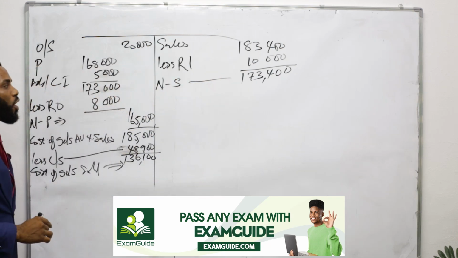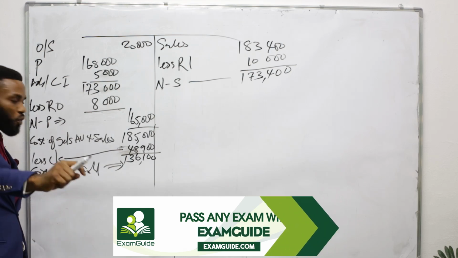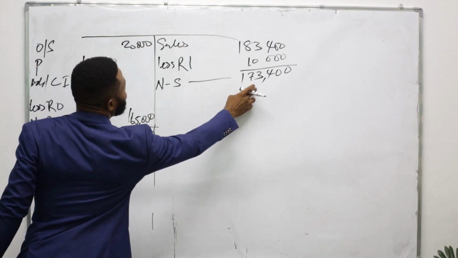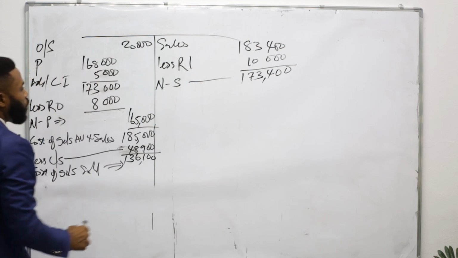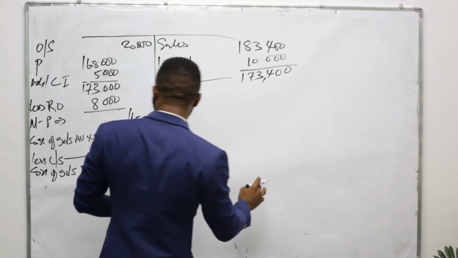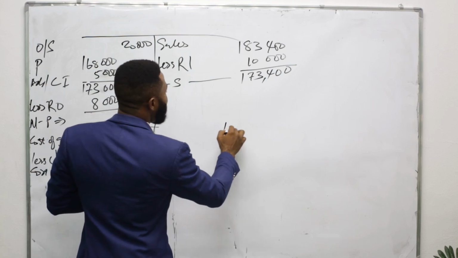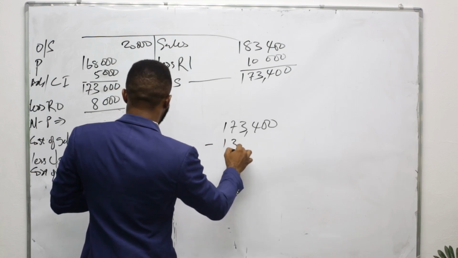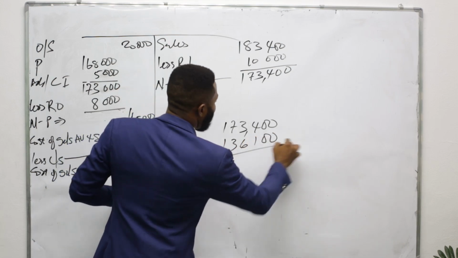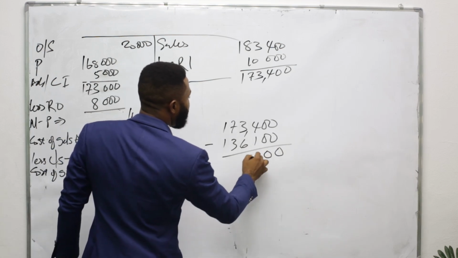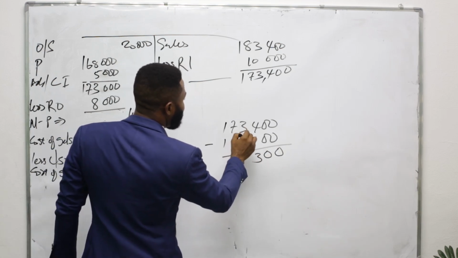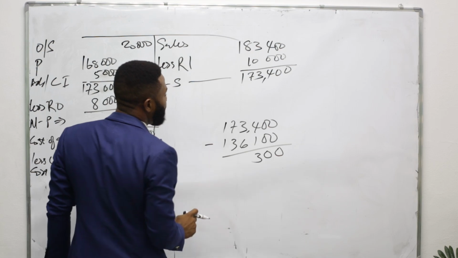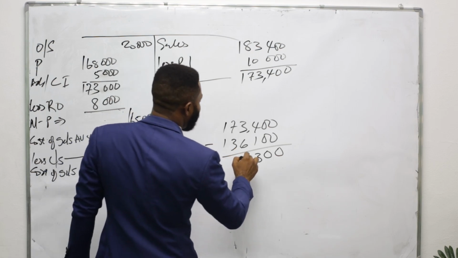Now to get your gross profit, which is expected in that question, is simply the difference between 136,100 and 173,400. So how do you do that? Let's come to this side and subtract. 173,400 minus 136,100. 6 cannot be subtracted from 3, so you borrow 1 from here to make it 13. 13 minus 6 will give you 7.